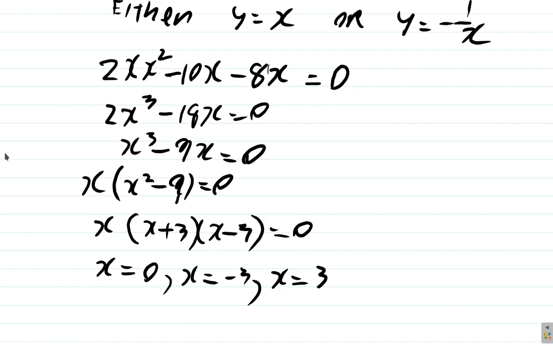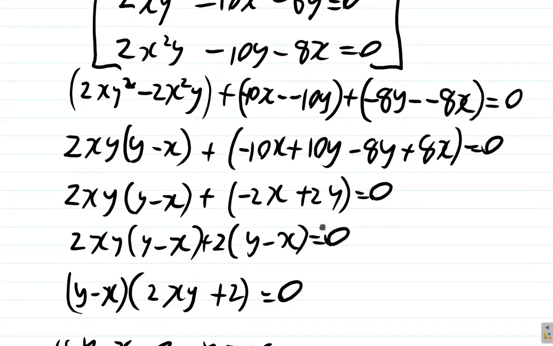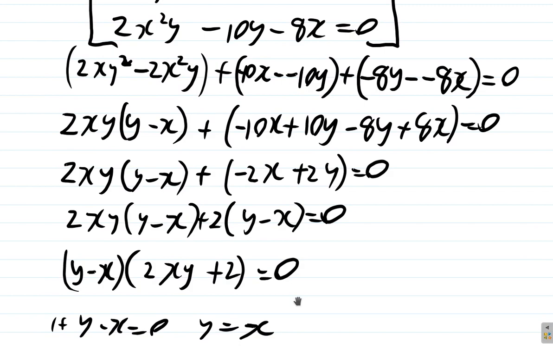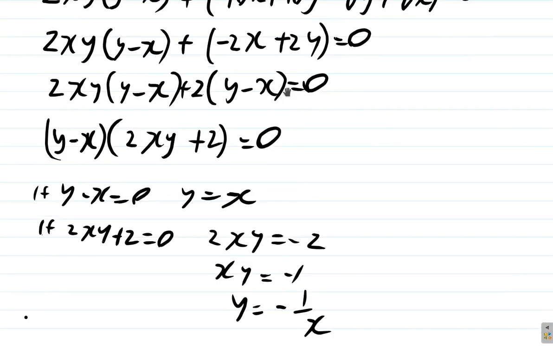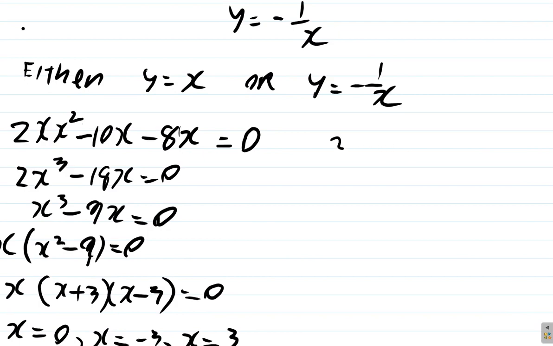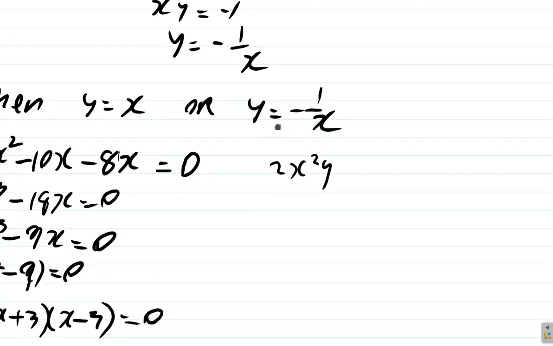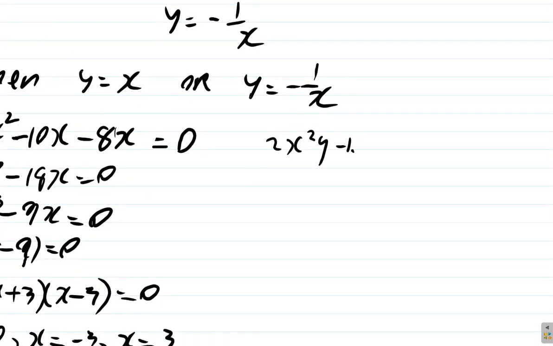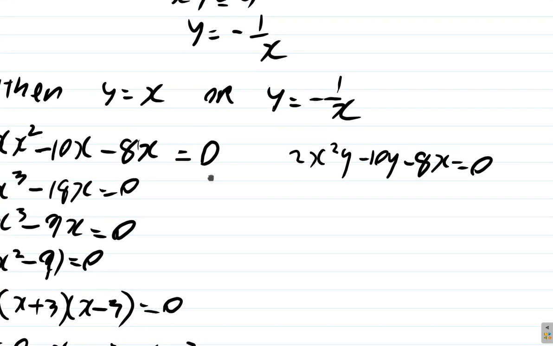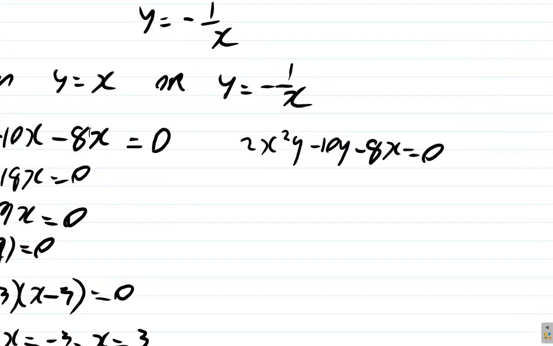Alright, we had used the 2x squared minus 10x minus 8x. Suppose we use the other one, 2x squared y. Let's try this one. We have 2x squared y minus 10y minus 8x equals 0, and we consider that y equals x. What would happen?